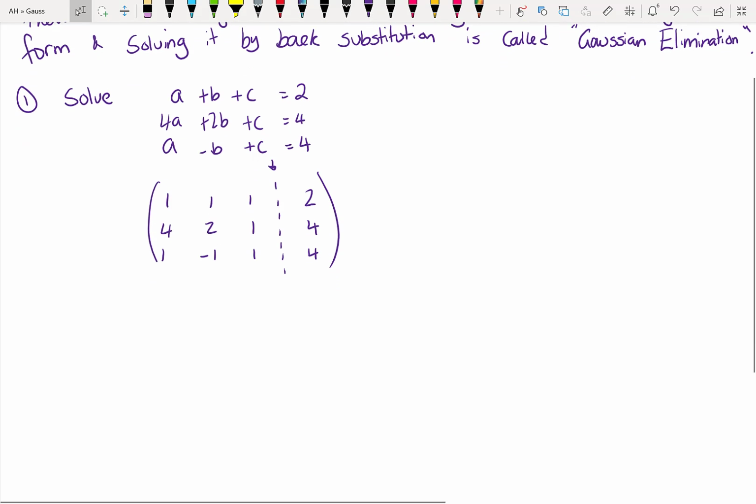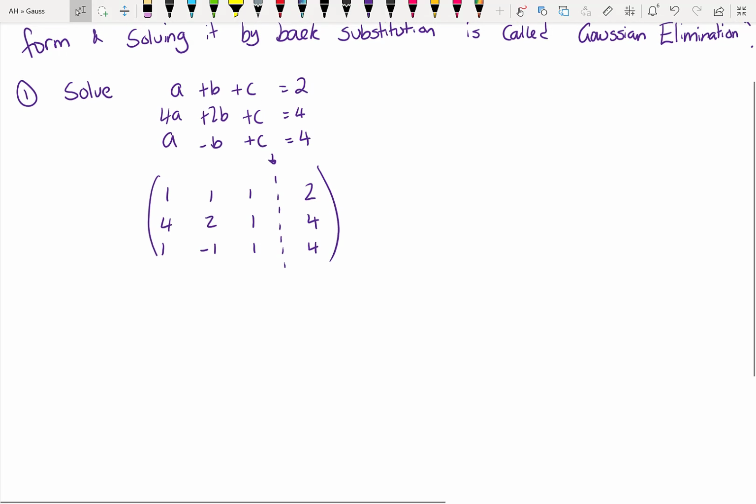So what we're going to do now is keep the first row the way that it is, and I'm going to perform some row operations so that we can have these things underneath the 1 turn to a 0. Because remember, what I want is a matrix that is in this upper triangular form.